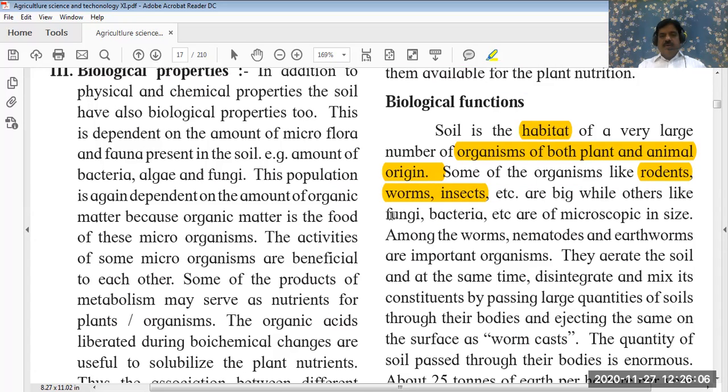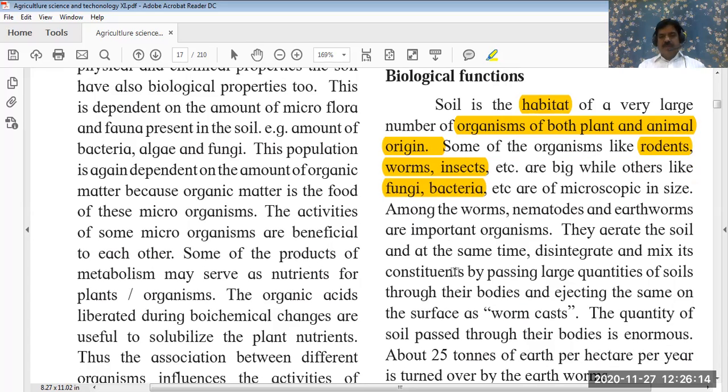There are thousands and lakhs of fungi, bacteria and viruses available. Again, in the soil there are also nematodes and earthworms. In these organisms, again we can classify harmful organisms and helpful organisms.